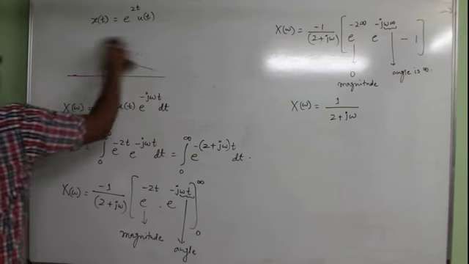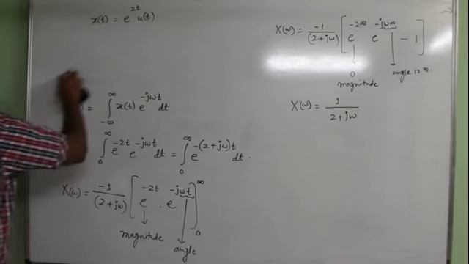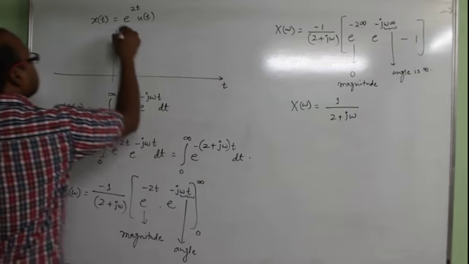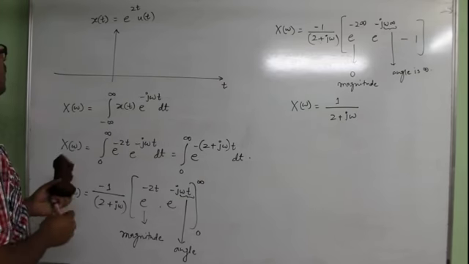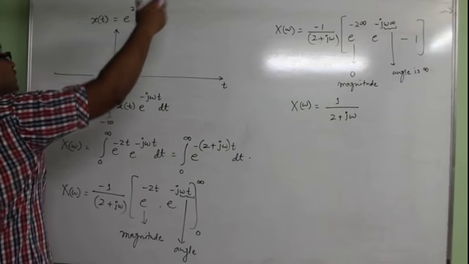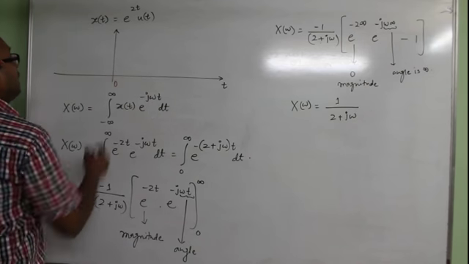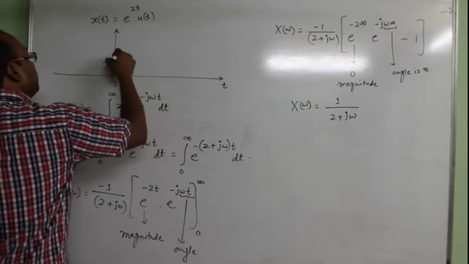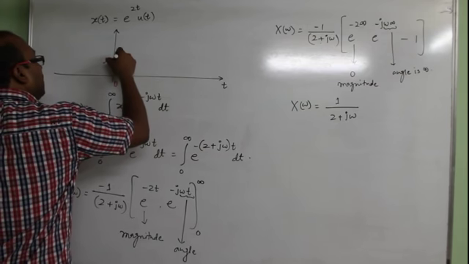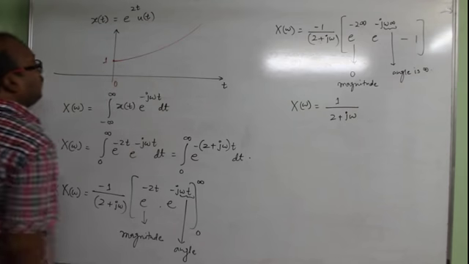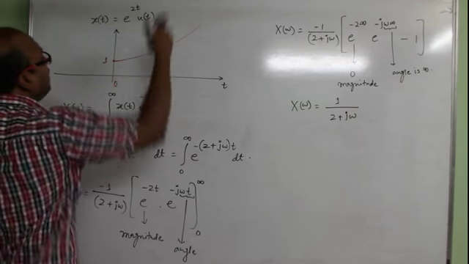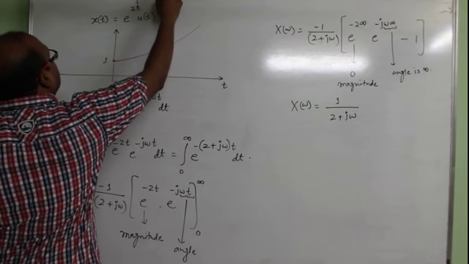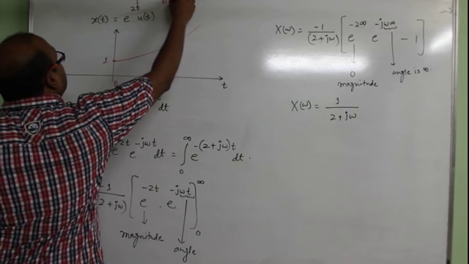If we draw the waveform, the signal goes like this. It is an exponentially increasing signal. At t equals 0, the value of the signal is 1, and as time progresses, the signal increases exponentially. So at infinite time, the value of the signal has to be infinite. So this signal is an unbounded signal.